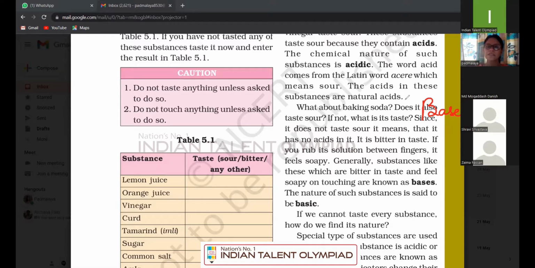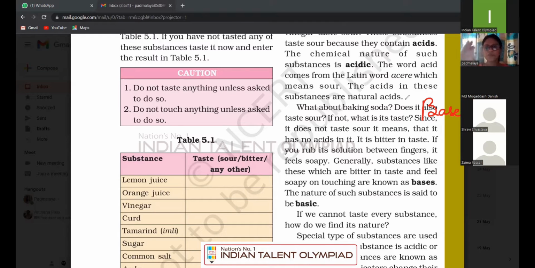Whatever we are discussing here are the physical properties of your substances. Acid, we said it tastes sour, which is nothing but taste, and it comes under the physical property of a substance. Likewise, bases are the substances which taste bitter in nature. Another very important part is that these bases are slippery to touch.